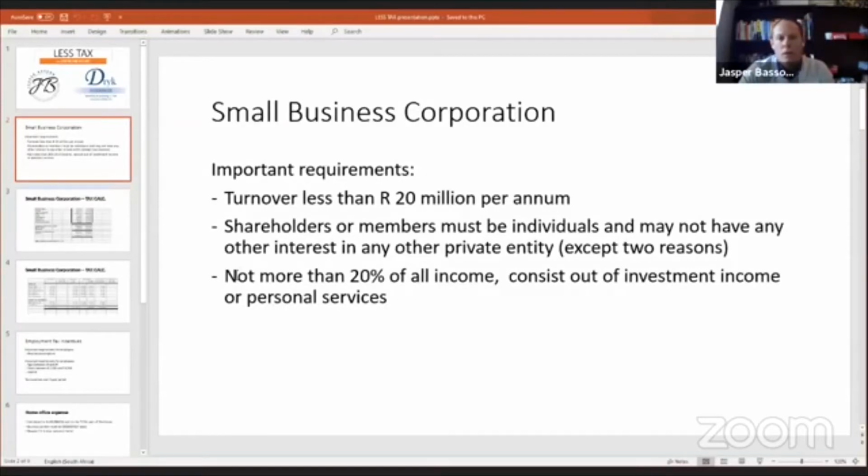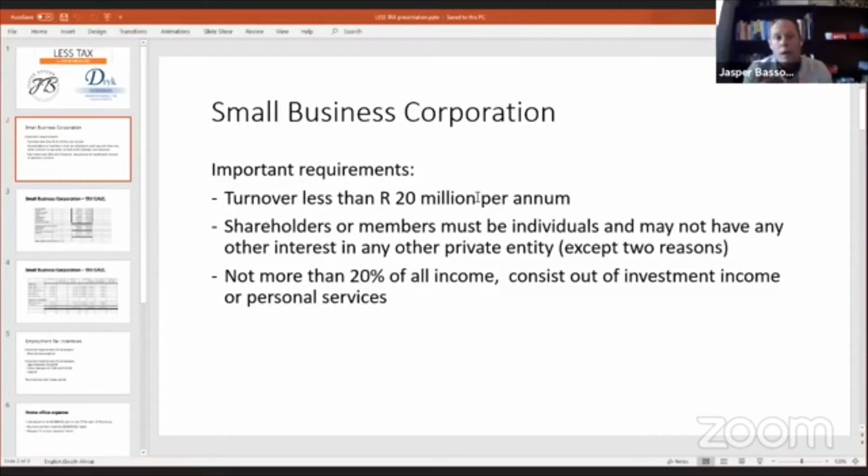And then the third point is also very important. The company's income might not be more than 20% in the form of investment income or personal services. Personal services is very important to understand.